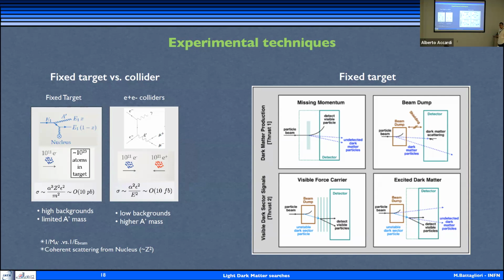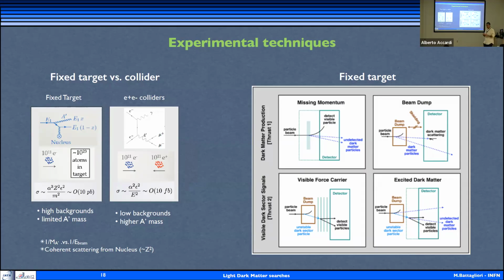Beam dump, for instance: you throw your beam through a massive material, you produce stuff, and then you shield the standard model particles, and you have a detector downstream that can only measure particles that are weakly interacting, feebly interacting. There are different languages: FIP, feebly interacting particle, is the one they use at CERN, for instance, to indicate these particles. We say weakly interacting particles, like neutrinos. This is exactly the same technique that you use to measure neutrino oscillation, DUNE or big experiments, MiniBooNE, other experiments at Fermilab.